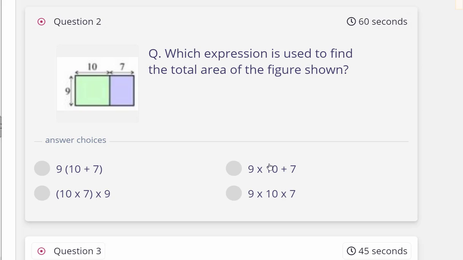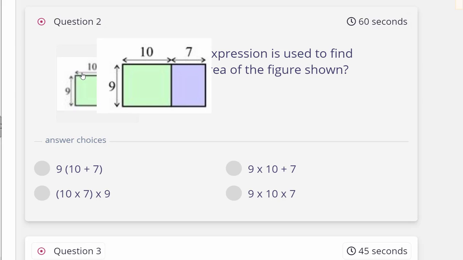Okay. The next one. Yusuf Ahmed. Yes, mister. Okay, for this one, which expression should we use? Okay, we multiply the 9 by 10 and we should also multiply the 9 by 7.